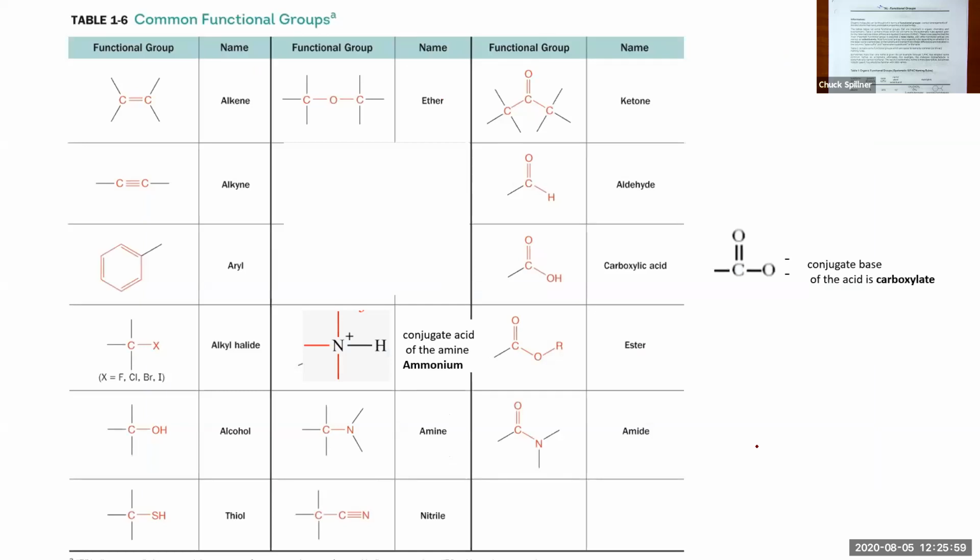There's a couple of others here. If you add amines or bases, they're organic bases. So the conjugate acid of the amine is called an ammonium. So remember the conjugate acid, the amine being a base, it's going to pick up an H plus. When it picks up the H plus, it becomes an ammonium, and that nitrogen has a plus charge.